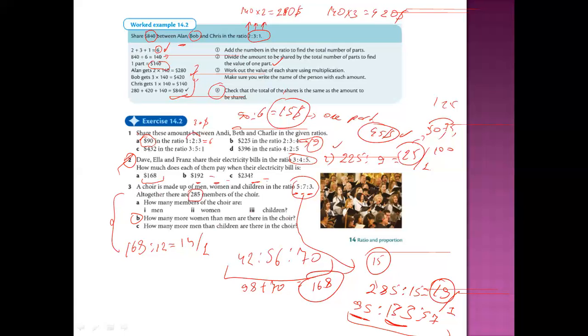And the difference of these numbers will give you the answer of option B. 133 minus 95 is equal to 38. So the answer must be 38 more women than men, okay.